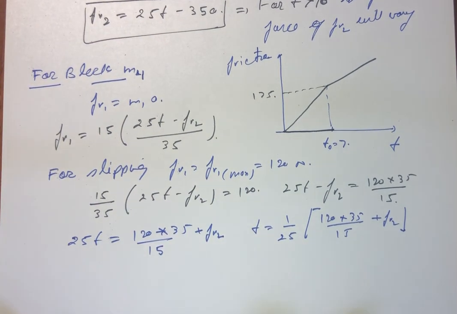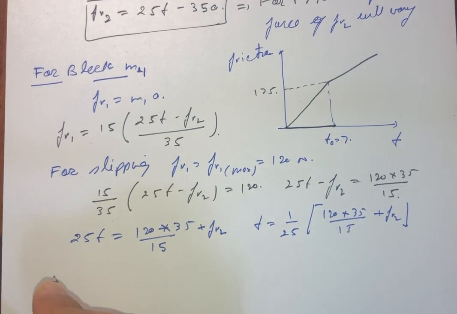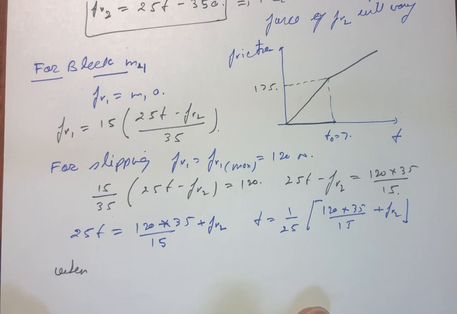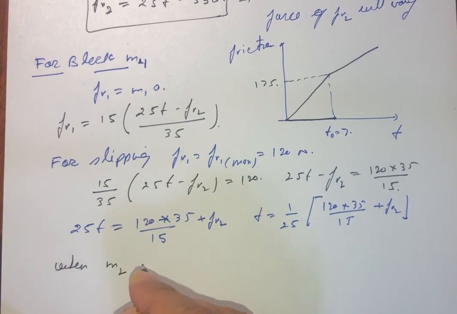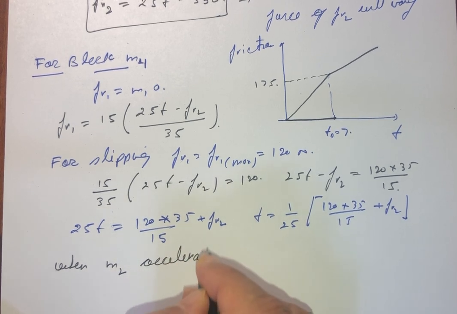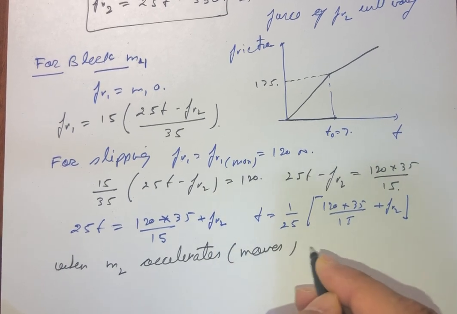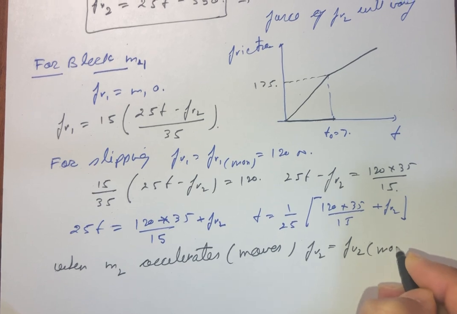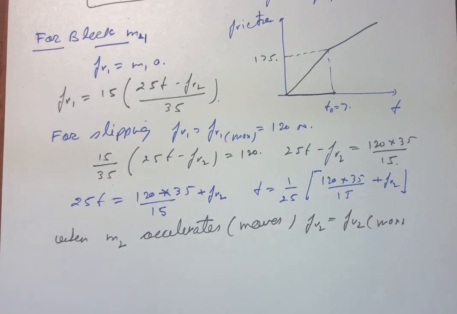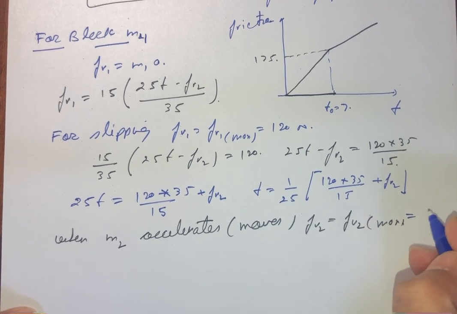Now at this value of acceleration, when M2 accelerates, or moves, FR2 is equal to FR2 max. So you can put the value of FR2 as 175.